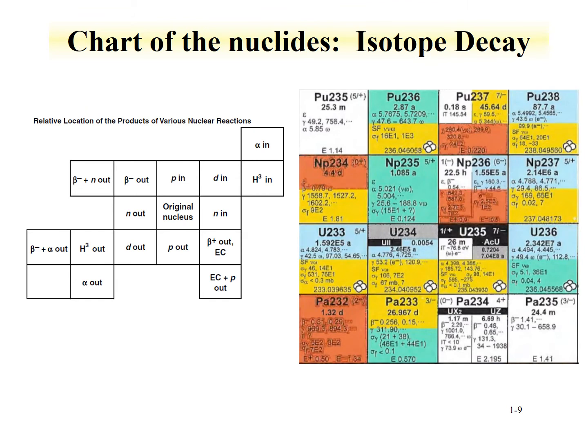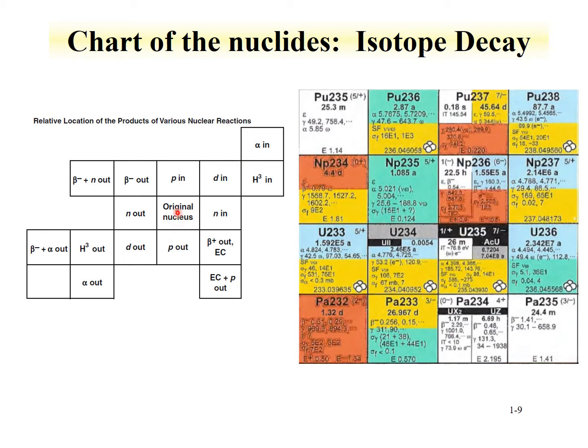A key utilization of the chart of the nuclides is understanding isotope decay. From the legend on the chart, you'll see this little figure where it says the origin nucleus, and anything that comes with the word out has to do with a decay. In means that if I hit this nucleus with an alpha particle, this would form.